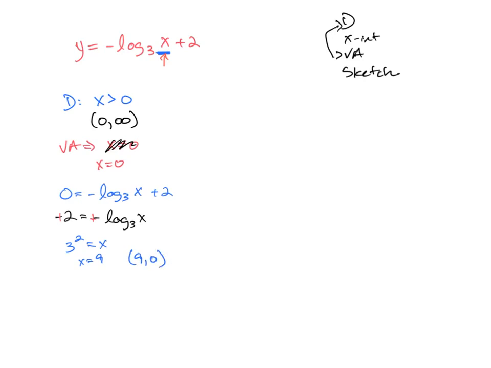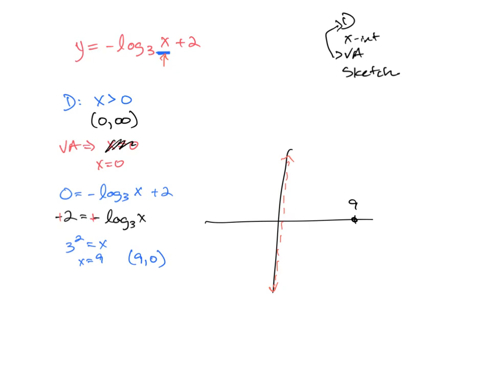Then we're ready to sketch its graph now. So I have an x-intercept at 9, 0. There's my 9. And then I have a vertical asymptote at x equals 0. Now, we have to figure out what this thing does. What did this negative thing do?